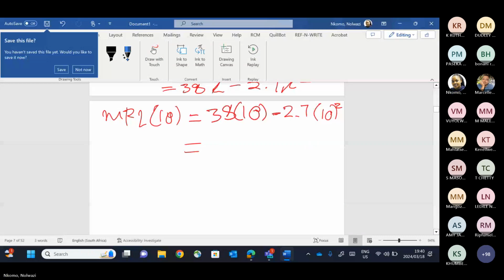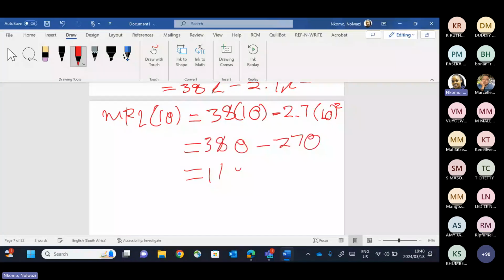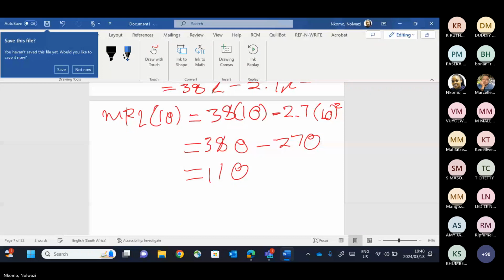Then we have 38 times 10 minus, so this means we have 380 minus 270, and this will give us 110. Oh yeah, we have 110. So this means employing one more worker will lead to a production rate of 110 units.